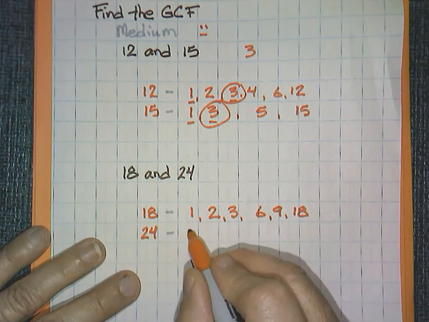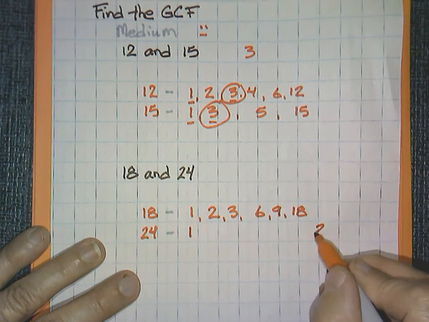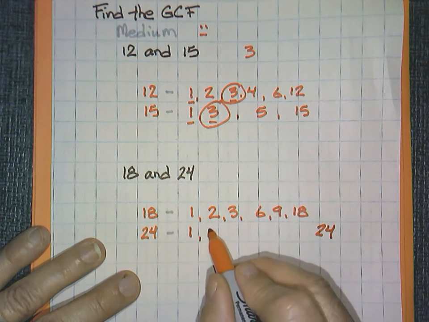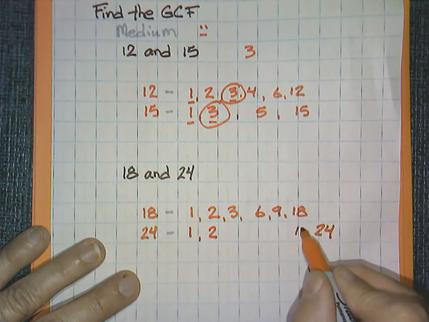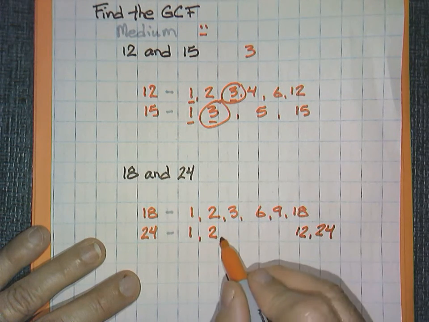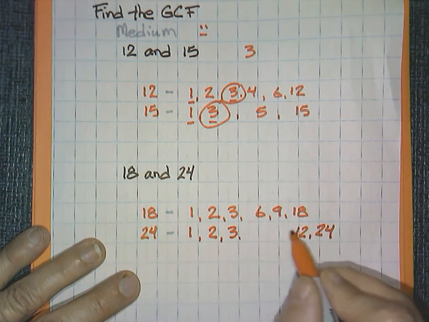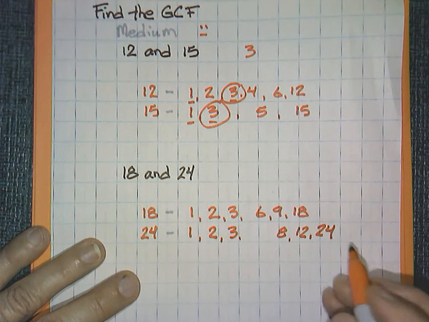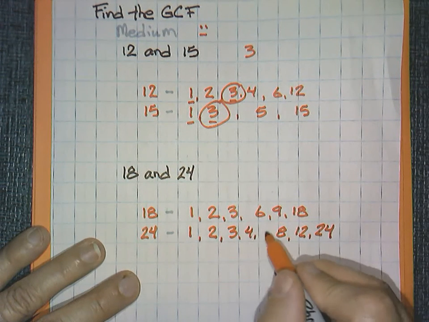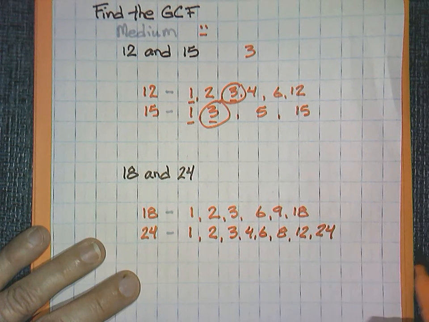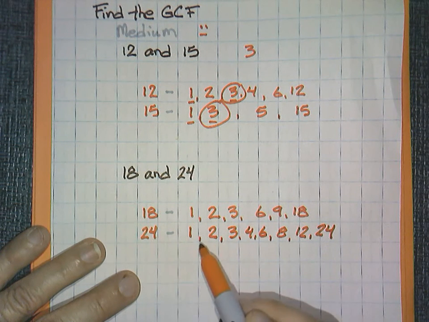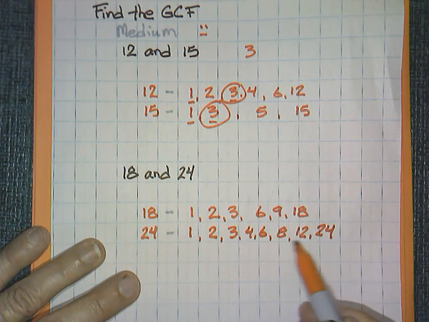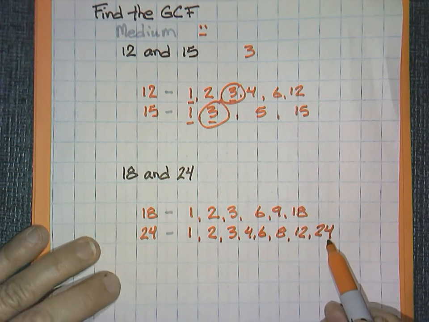For 24, 1 and 24. 24 is an even number, so that would be 2, and 2 times 12 equals 24. 3 times 8 is also equal to 24, and 4 and 6. So a lot of factors for 24, 1, 2, 3, 4, 6, 8, 12, and 24.